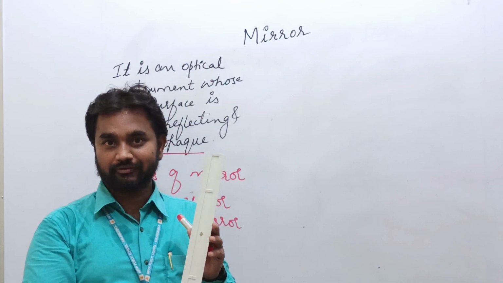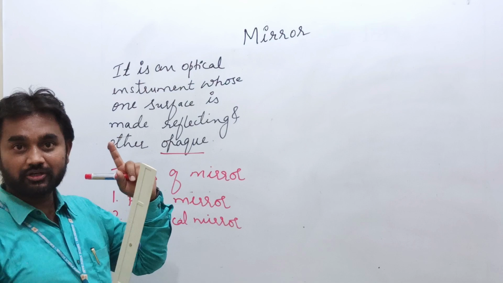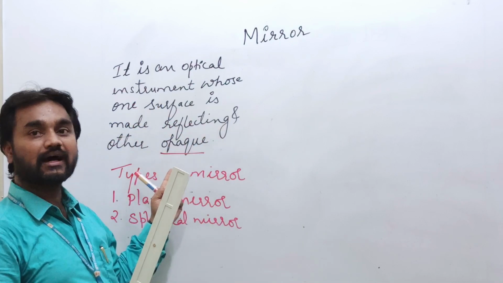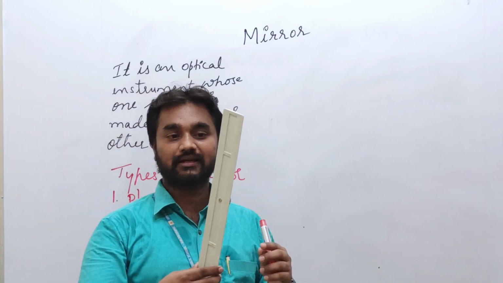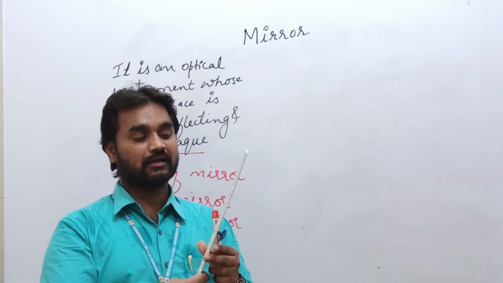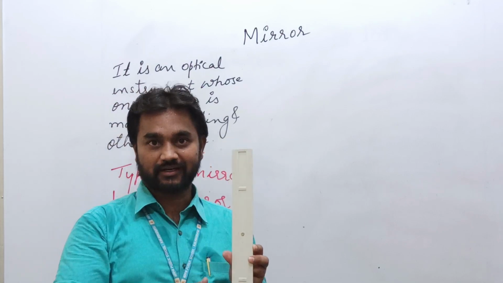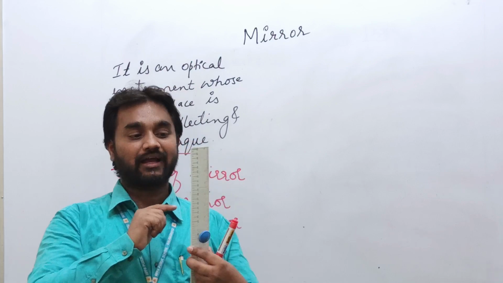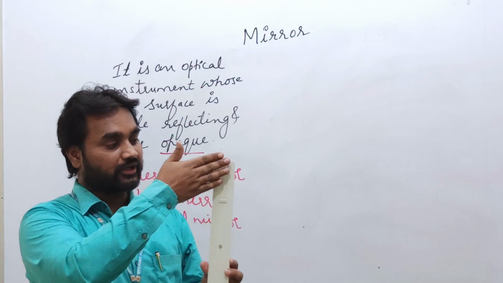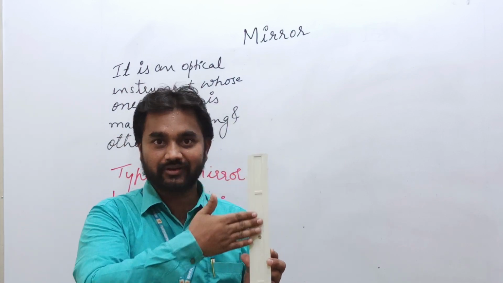Don't get confused: mirror always means one side is the reflecting surface and the other is opaque, shaded. Here, the front one is the reflecting surface, and you can see it is very flat.